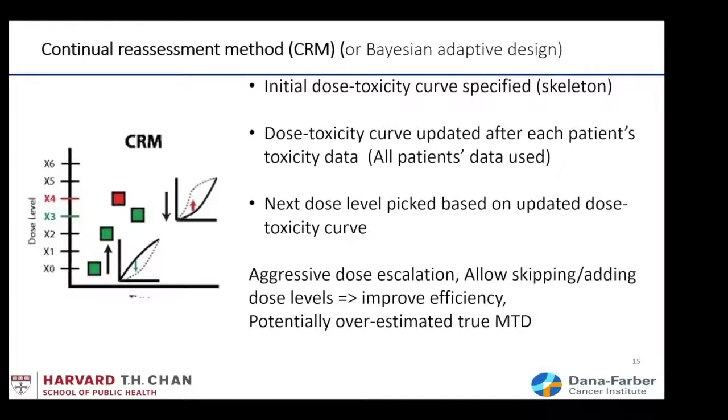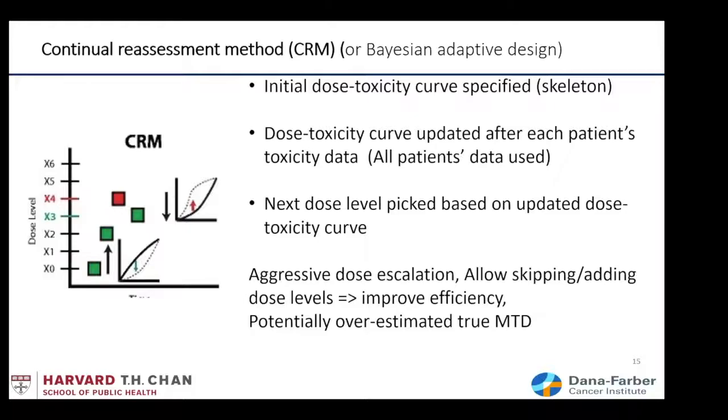Usually it's called a skeleton, shown as a solid black curve here. This curve models the dose toxicity relationship, usually the probability of DLT with increasing dose level. The y-axis is the probability of DLT, and the x-axis represents the dose levels.